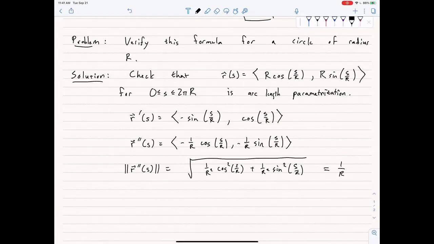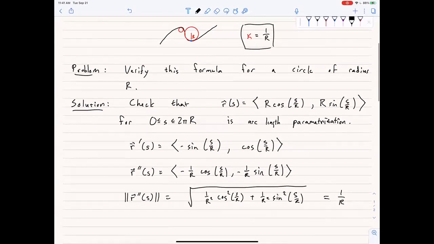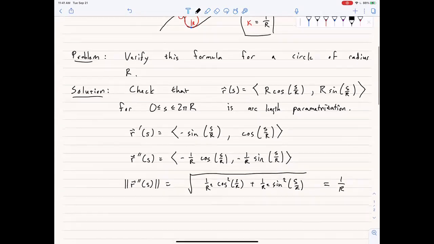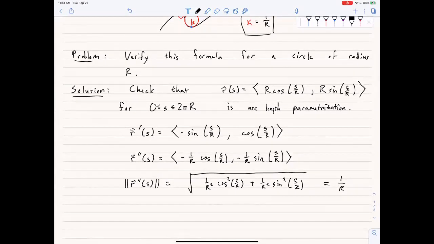So indeed, you do get the verification. This is what we expected, of course. We're just verifying something. We expected this to be 1 over the radius. So curvature does give you a real good sense as to how fast the direction of some curve is changing, which can be, of course, of very good use if you're considering some models.